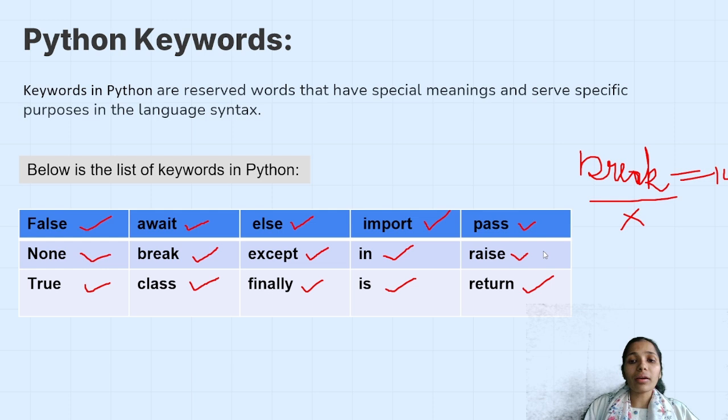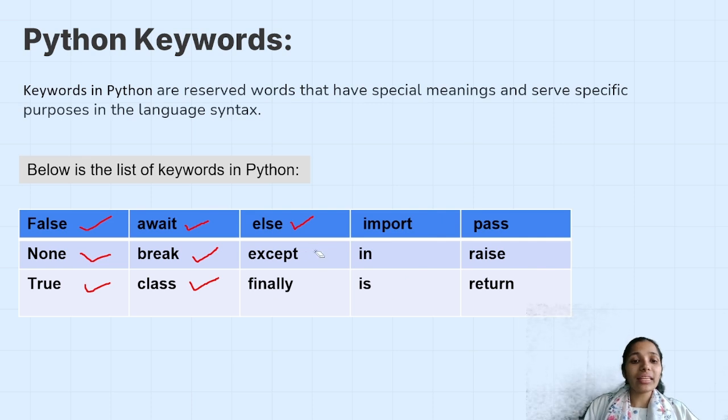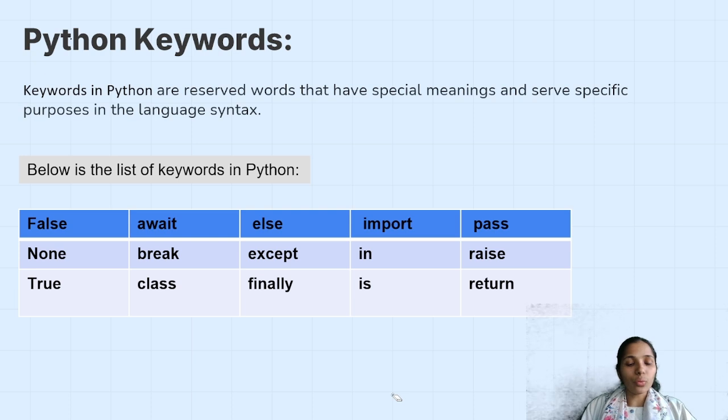These are the reserved words which are used in our Python language, and these words have special meaning and they cannot be reused.